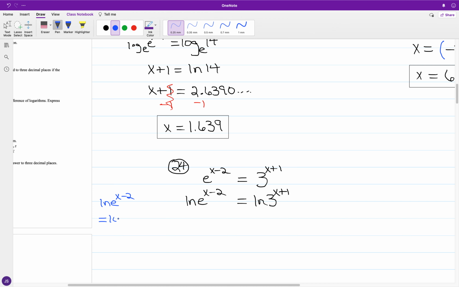Again, a natural logarithm is a base e logarithm. So the left-hand side translates out to x minus 2. Now for the right, you don't have a match between the exponential and logarithmic bases, since e is not quite 3.